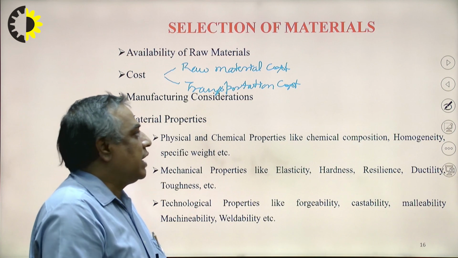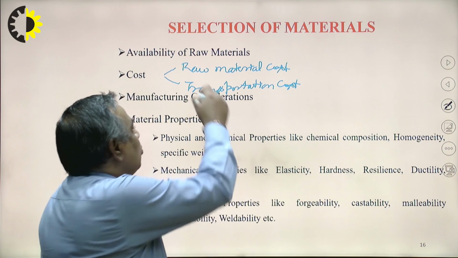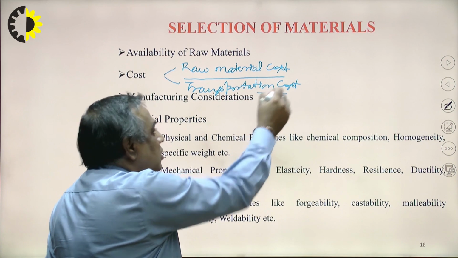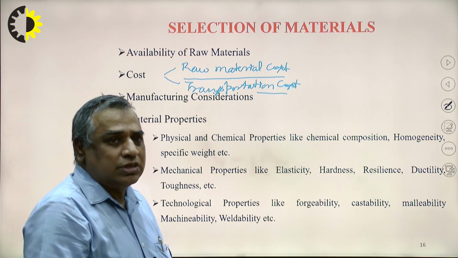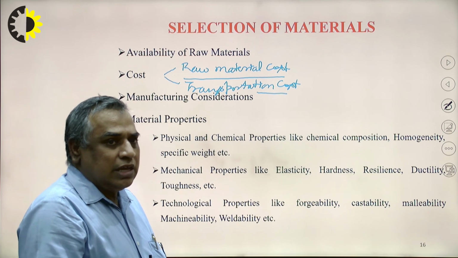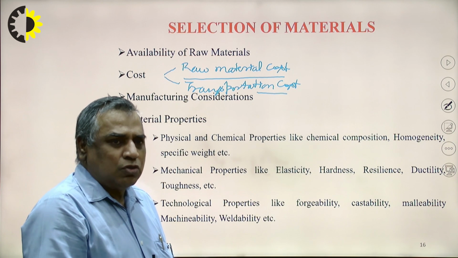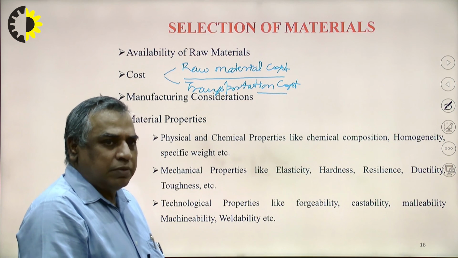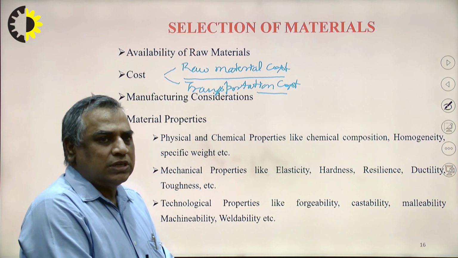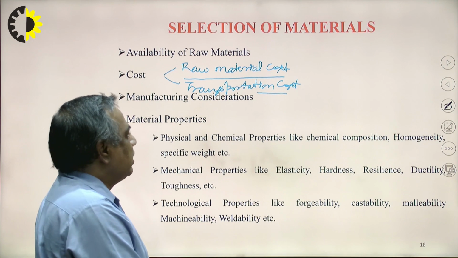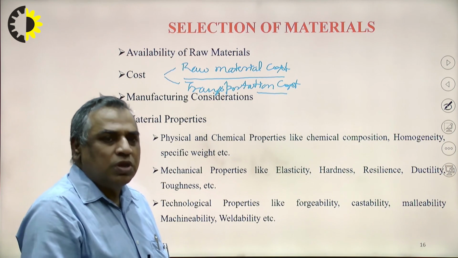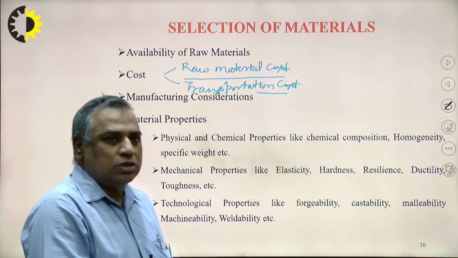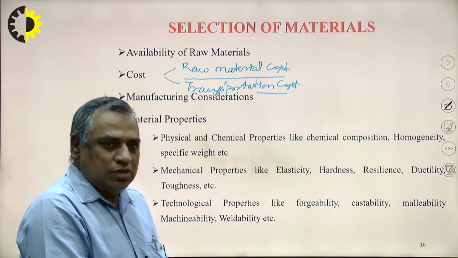So the designer has to select whether this raw material with lower cost, but high processing cost and transportation cost, is suitable, and we need to think about what material we should select. But preferably, generally we discuss that the raw material cost should be low and transportation cost should be as low as possible. Then, if we consider both costs, it will result in the least cost.